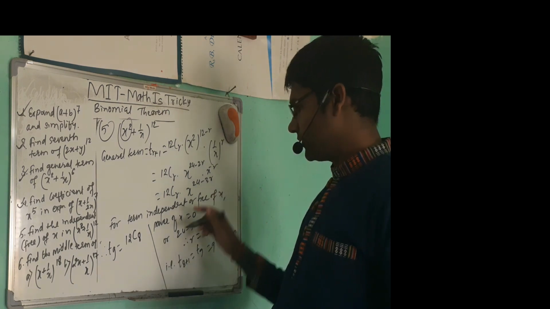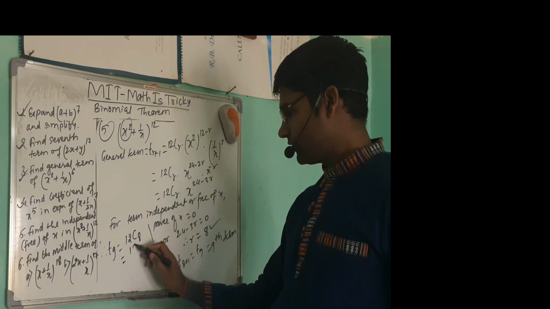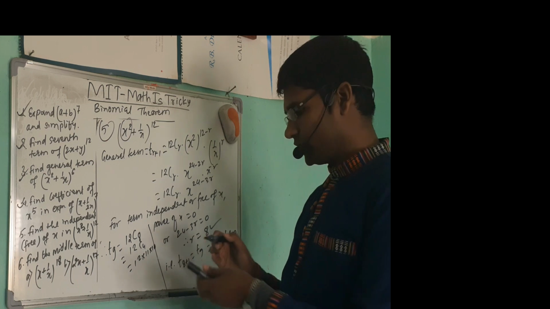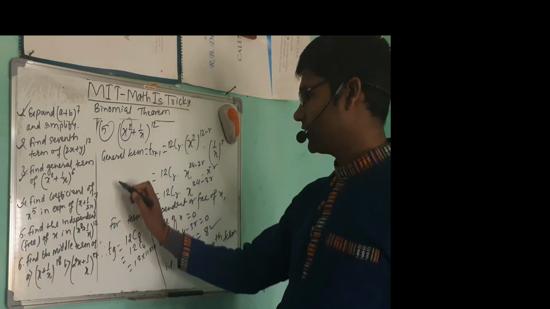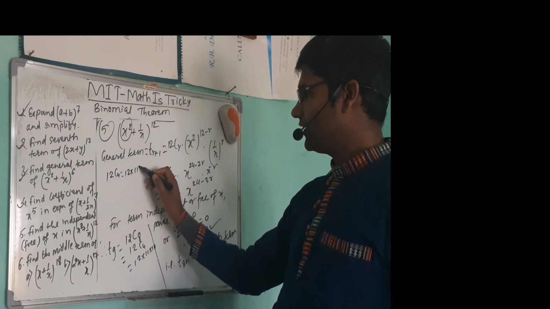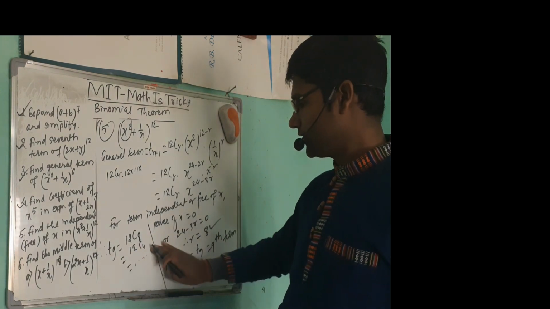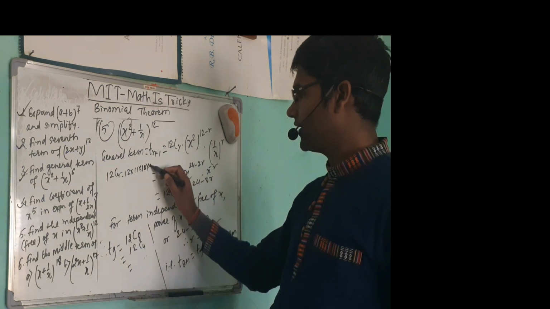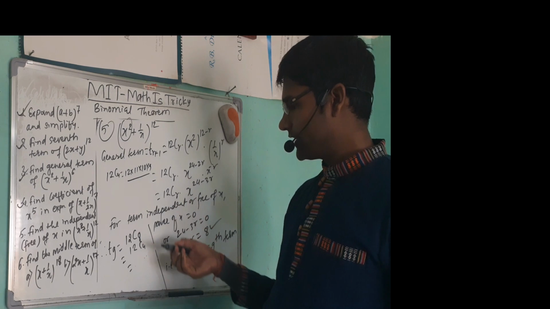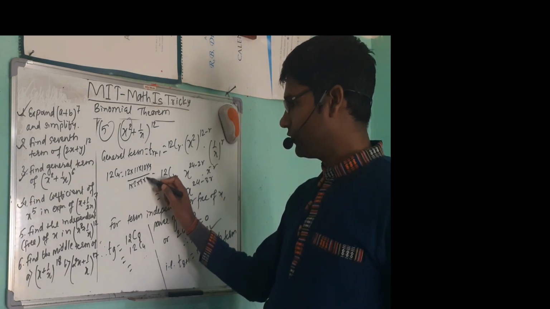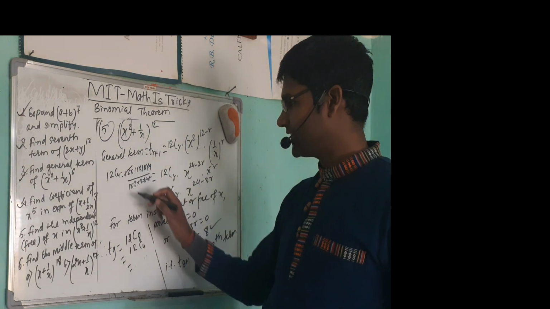Now if you put it in, x will be 0, so simply it is C(12,4), and 12 into 11 into 10. Let me simplify: 12C4 means 12 into 11 into 10 into 9 by 1 into 2 into 3 into 4, so 4 threes are 12, let's cancel this.